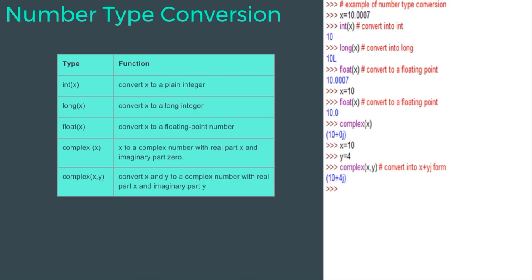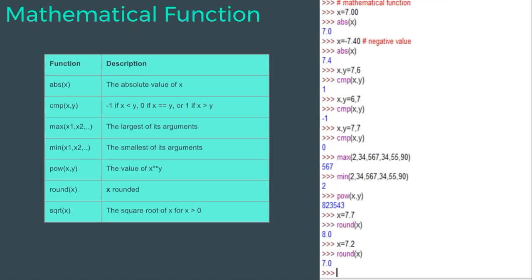Next one is mathematical functions. Let's see the functions one by one and perform the operations in the IDLE environment. First one is absolute. First of all, you have to give x is equal to 7. Now you have to convert x into absolute form, so you write abs in small brackets x.